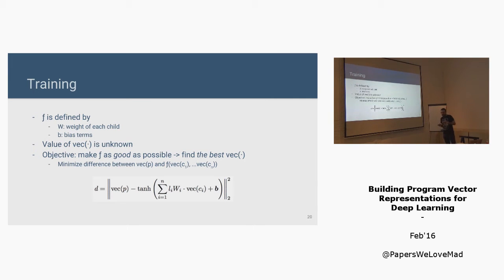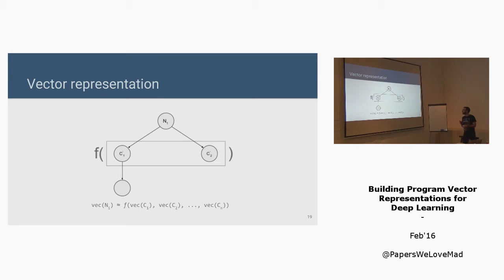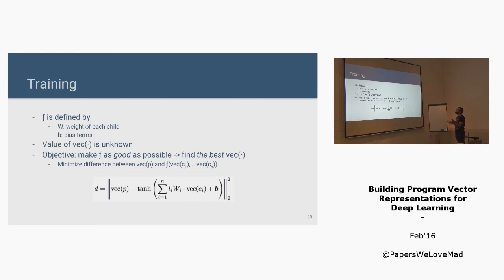Okay, so as Guillermo said, we have this function. We need to approximate. We need to find that function. It's never going to be perfect, because if it works for this and needs to work for this with the same W and B, it's not going to be perfect. So we just need to get to the best approximation we can. Keep in mind that our end goal is finding the values of the vector representations of all our types of nodes.